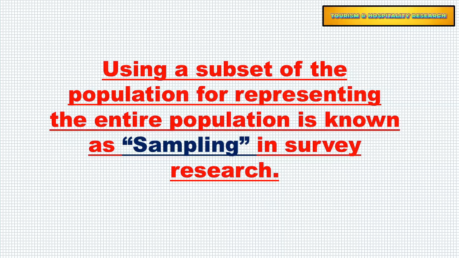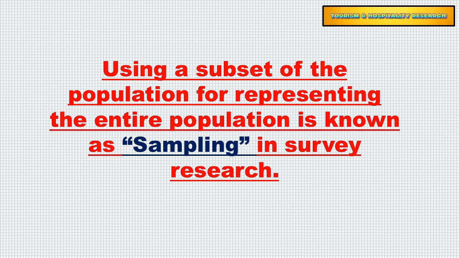Using a subset of the population to represent the entire population is known as sampling in survey research. We need to understand that most of the research we conduct in the tourism and hospitality domain is done through a survey, wherein we seek responses and gather data to analyze further.